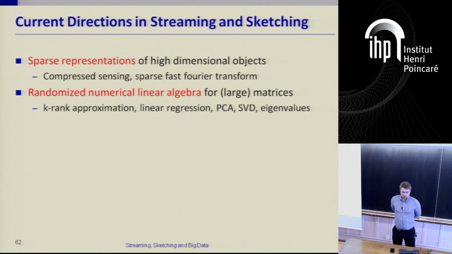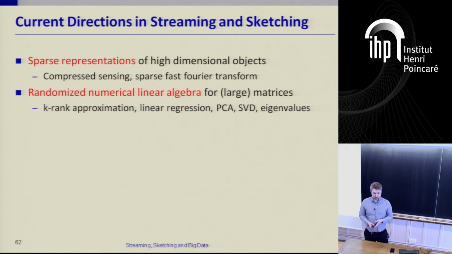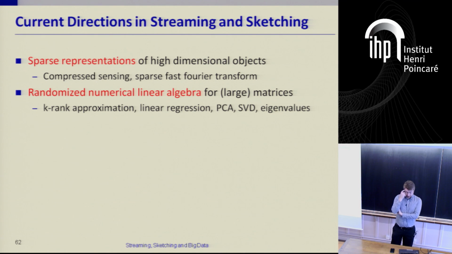How do you take these things that work for vectors and apply them to more general linear algebraic computations? Think of your data as representing not a vector, but a matrix or a collection of matrices, and you want to solve problems like linear regression, matrix factorization, or extracting eigenvalues from those approximate representations.